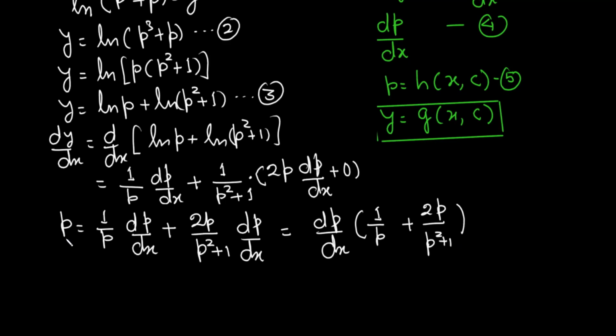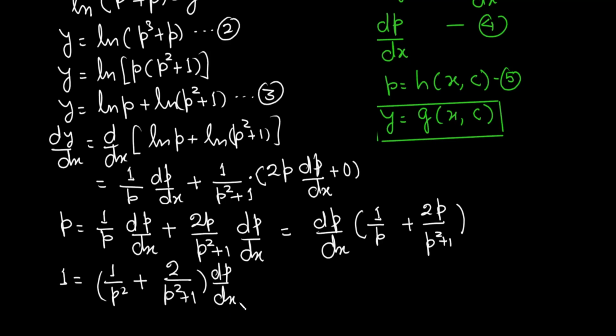Okay, so we divide throughout by p, our equation will become 1 equals, dividing by p, this will be 1 over p square, and this one is plus 2 over p square plus 1, dp over dx. Right?